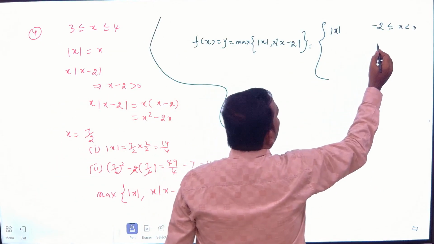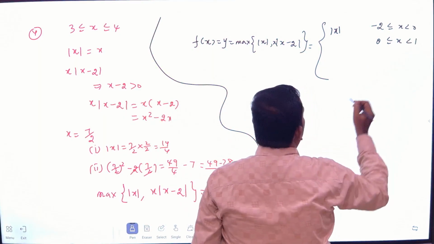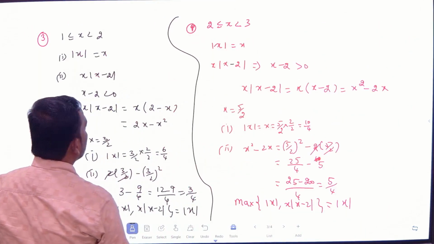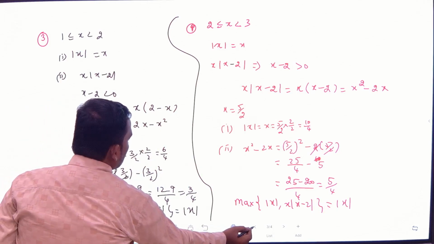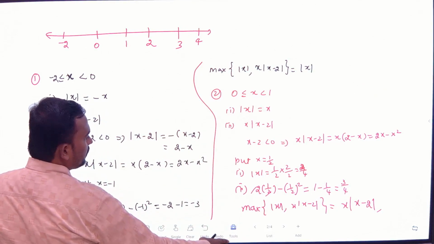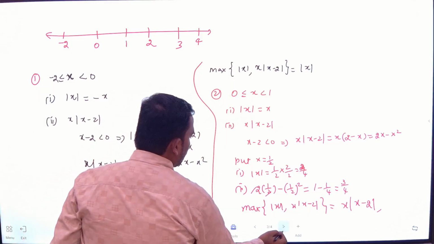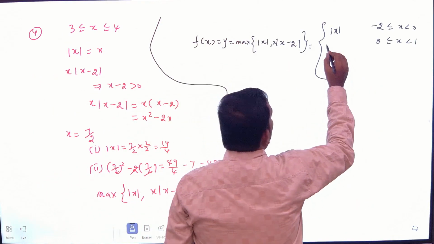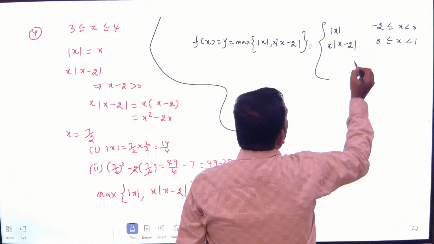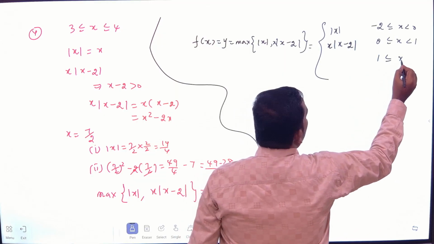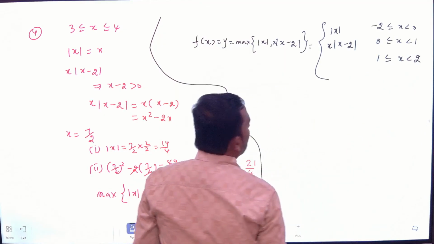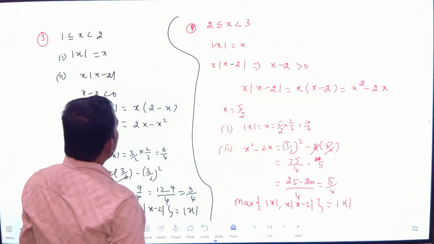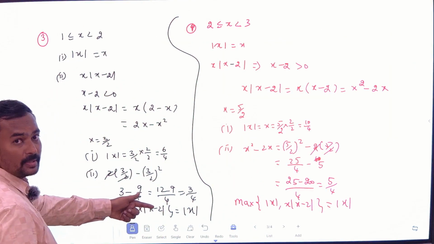Fine. Then next is 0 to 1. In this interval, which is the maximum? 0 to 1, maximum is x into mod x minus 2. Okay. Then 1 to 2, maximum is mod x.